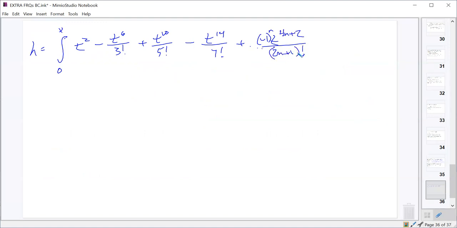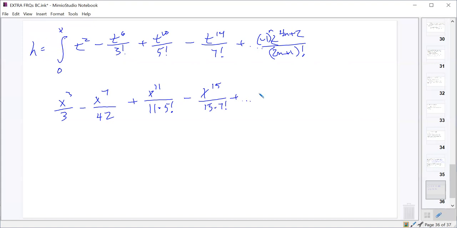And so we'll integrate this. And when we integrate it and evaluate it at x, that should become x cubed over 3 minus x to the 7th over 7 times 3 factorial, which is 42, plus x to the 11th over, this time I'm just going to write 11 times 5 factorial because I don't feel like doing the arithmetic on that, even though it's not that hard, minus x to the 15th over 15 times 7 factorial, and so on.